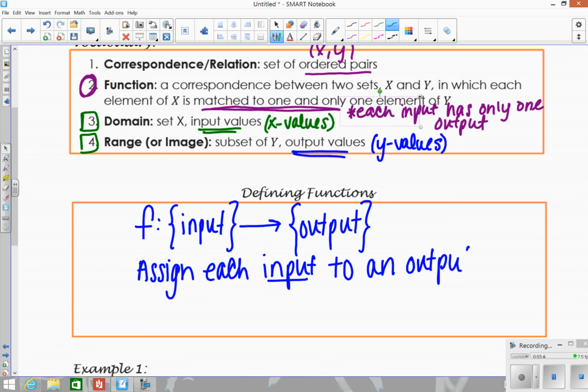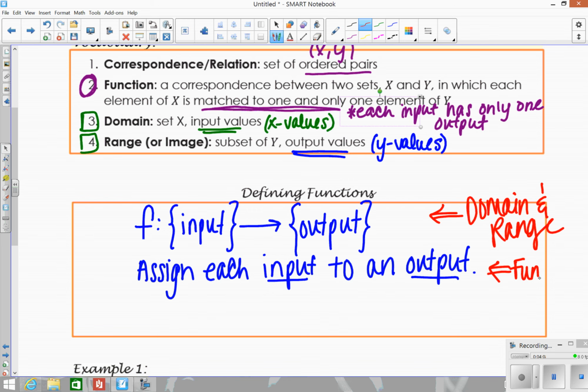And again, you would actually say what you're assigning to what. It wouldn't be input and output; those things are going to change. Basically, this top part is telling you your domain and range of the function, where this bottom part is telling you the function rule. So it's telling you what to do. That's how you would define a function.